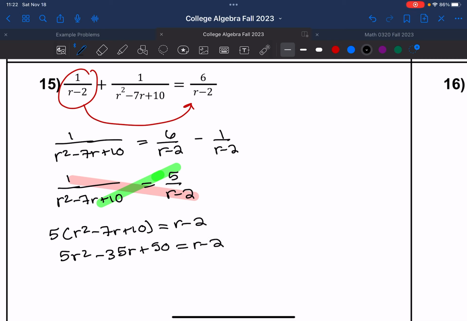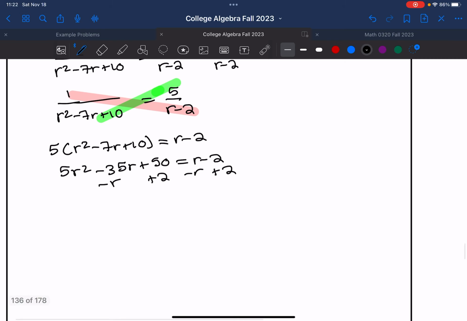And I'm going to move everything that's on the right side over to the left because I want it equal to 0. So I'm going to subtract r and add 2. So I have 5r squared minus 36r plus 52 is equal to 0.